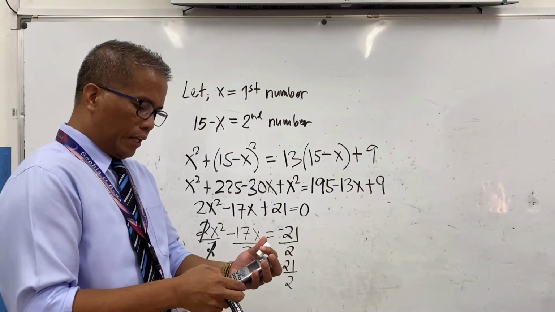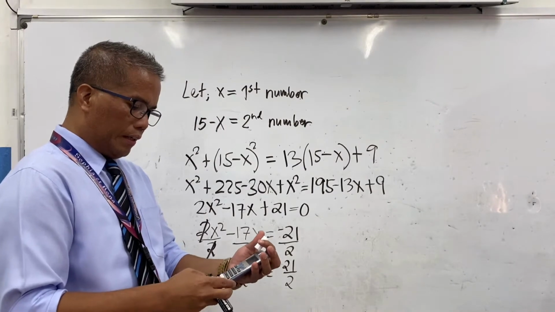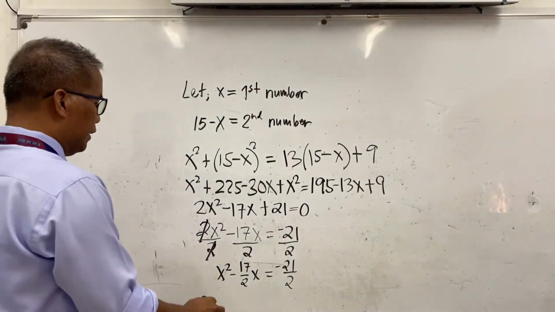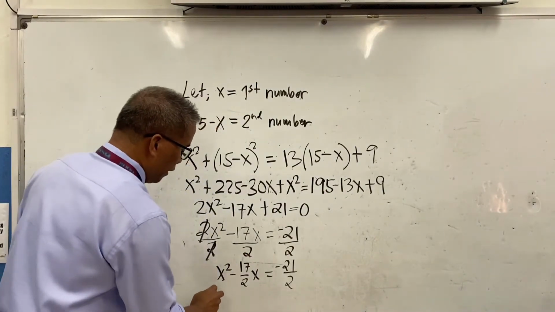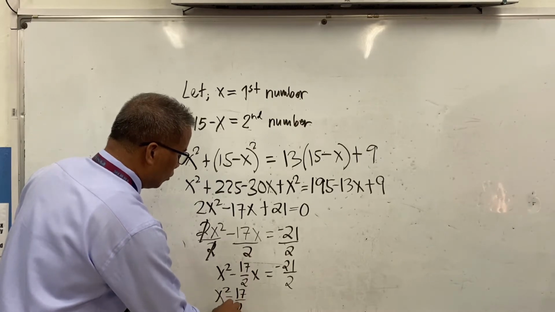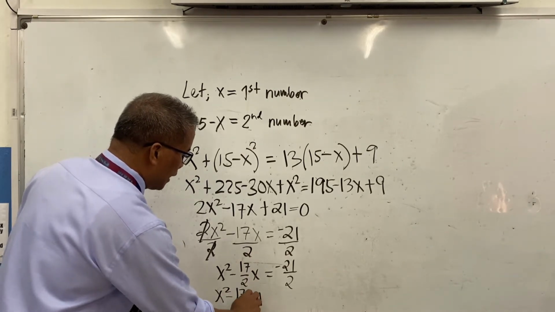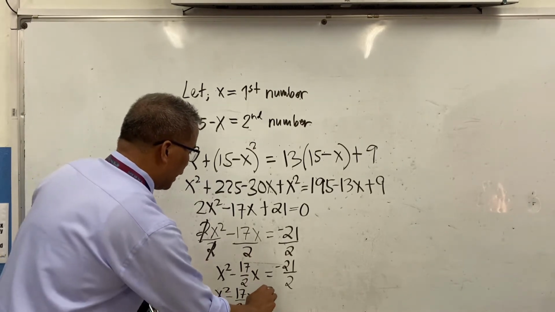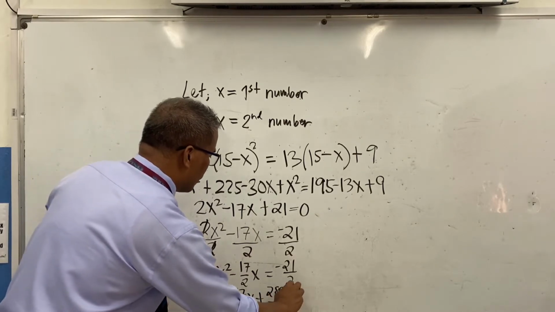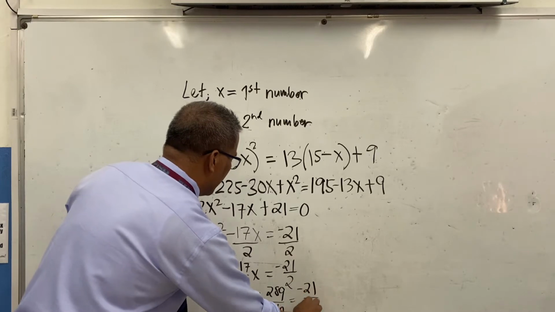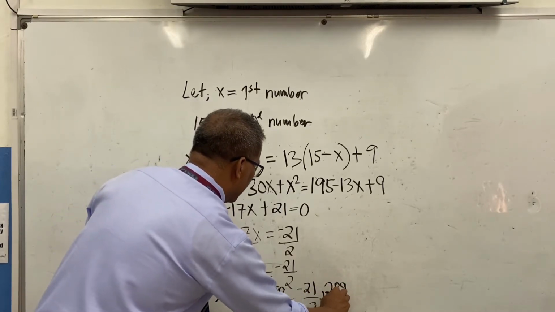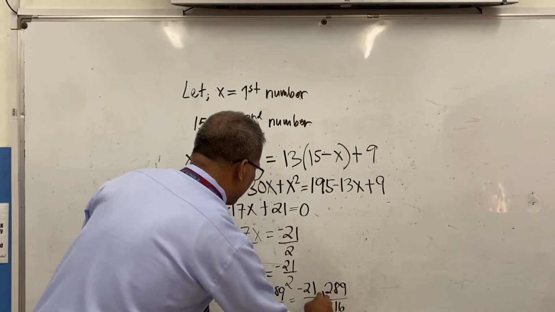So the answer now will be 289 over 16. So we have here x squared minus 17 over 2x plus 289 over 16 is equal to negative 21 over 2 plus 289 over 16.